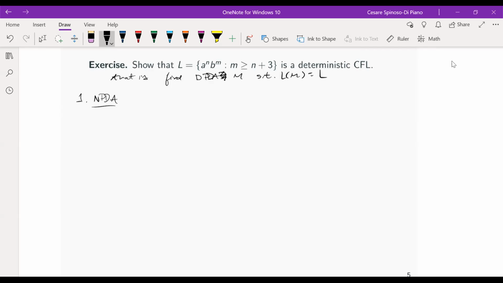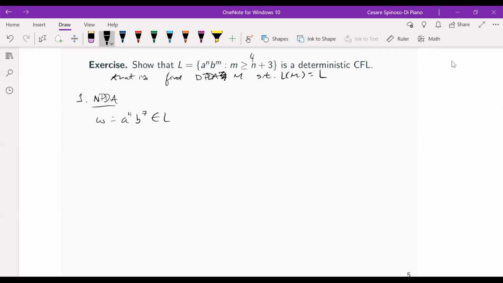As you suggested, let's take, for example, a^4 b^7. This is part of the language, right? Because if n is 4, then 7 is greater or equal to 4 plus 3, which is 7. So this should belong to L. What's the strategy here?